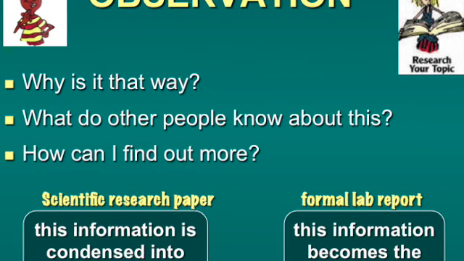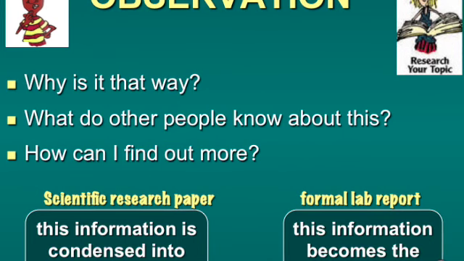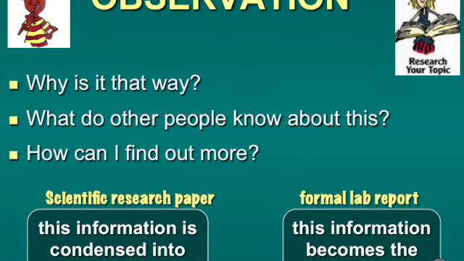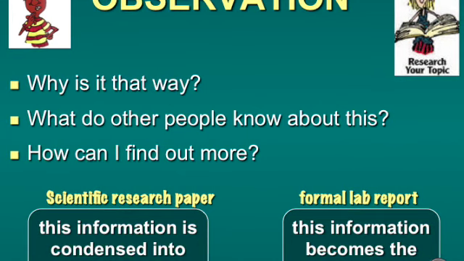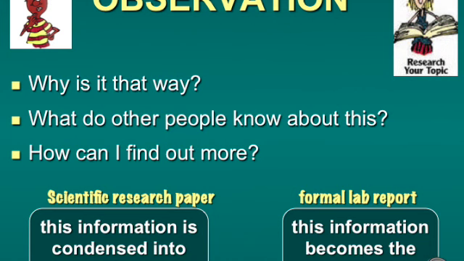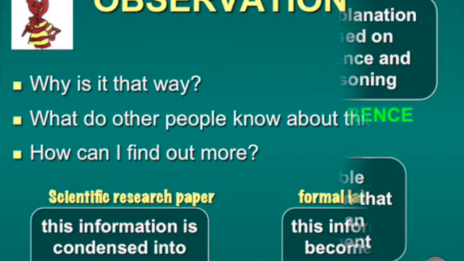The information that you collect, in a scientific research paper like what you would see with the science fair, gets condensed into a 2 or 3 sentence purpose for the experiment. But in a formal lab report, this becomes the introduction, which is typically several paragraphs long, and this is where you would cite your outside information.